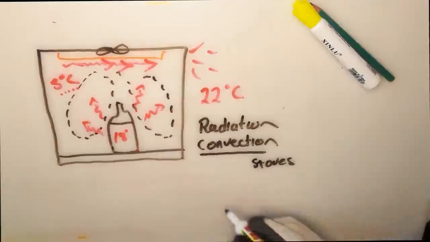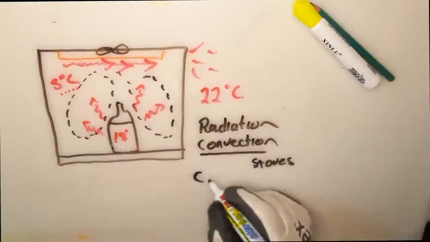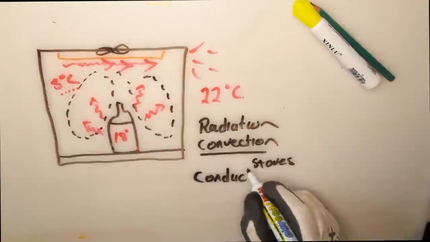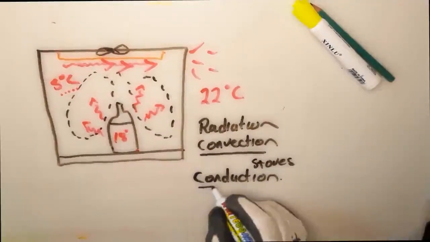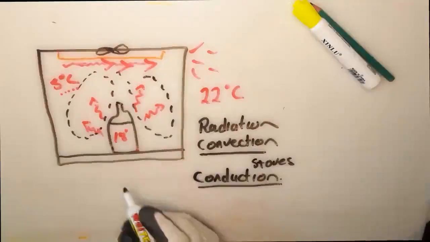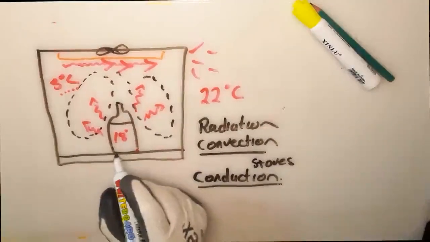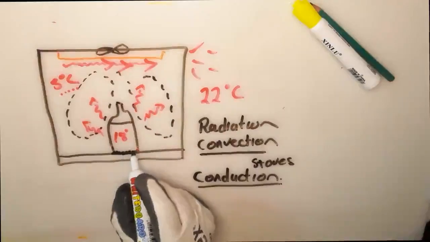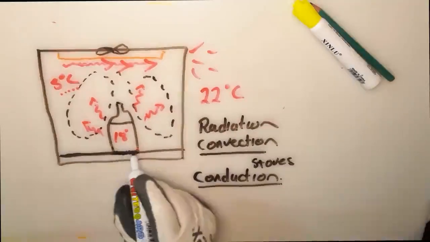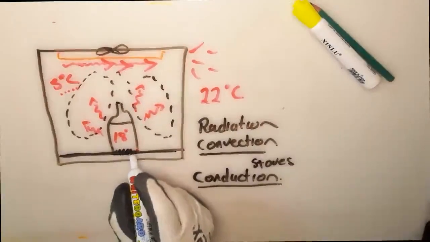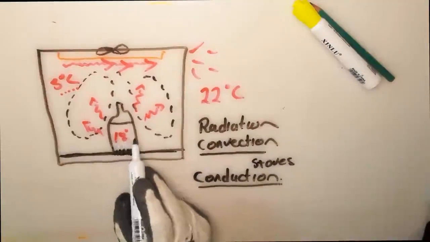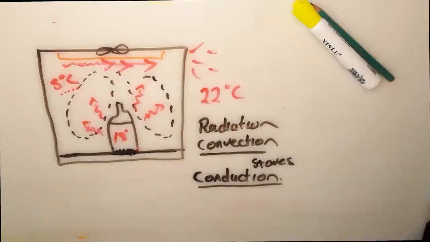The next law that we're going to adhere to is conduction. Conduction is incredibly vague because this is in contact with my shelf, so I have conduction between my cool drink and the shelf of my refrigerator.